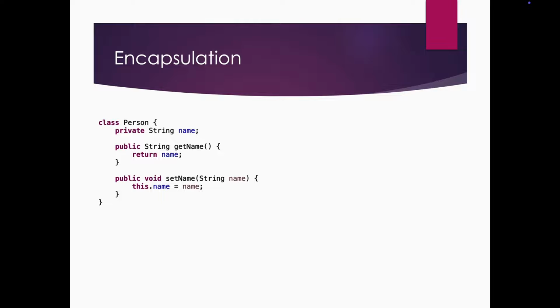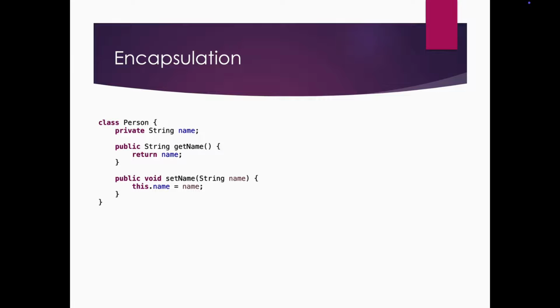Let's understand it with this example. I have this person class where I have one property, name. Let's assume the name property is very crucial and I do not want the external world to modify it. So I've created it as private, and I've also created two public methods for the outer world to access. If they want to get it, they can use the getName method, and if they want to set it, they can use the setName method.